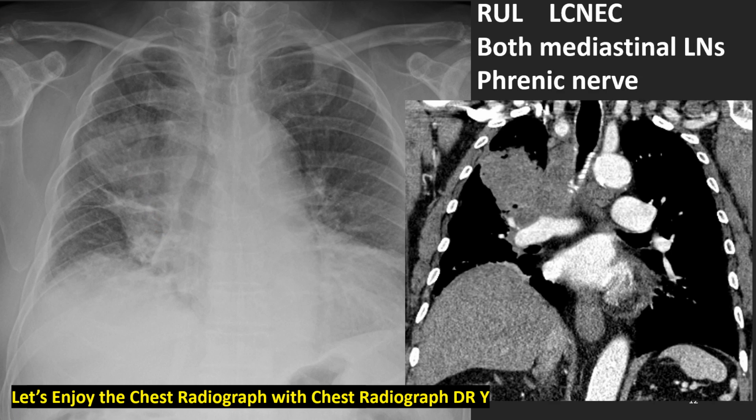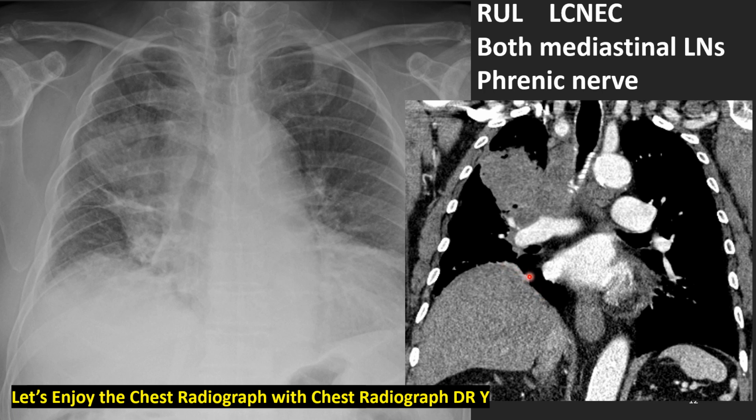This coronal contrast-enhanced CT image shows everything about his condition. Large mass here, right paratracheal lymph node enlargement, left lower paratracheal 4L lymph node enlargement, right hemidiaphragm elevation, and basal lung atelectasis.